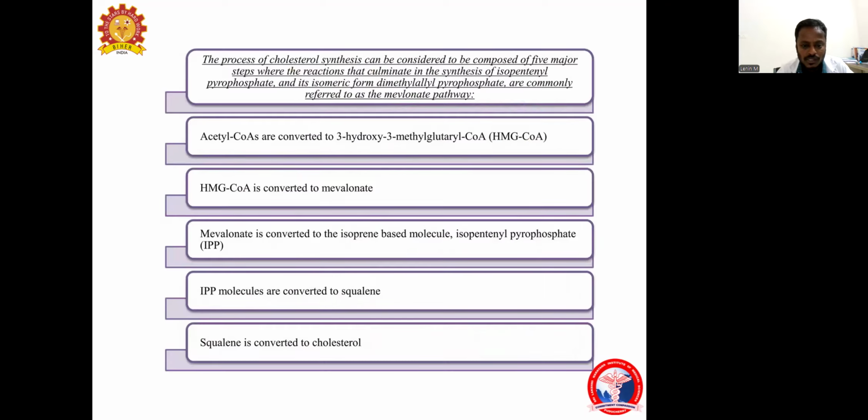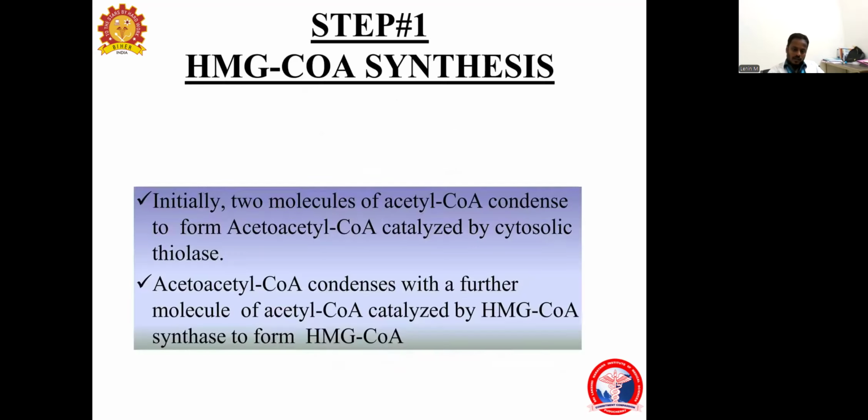So we already said the first is mevalonate formation, the second is malonate formation, and the third is isopentenyl pyrophosphate formation, squalene formation, and cholesterol formation. That is the first reaction.